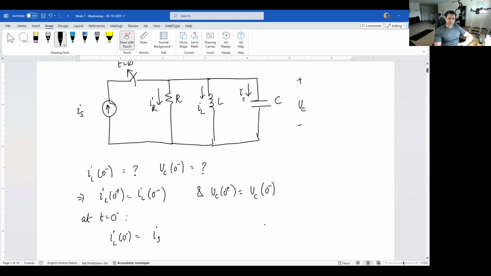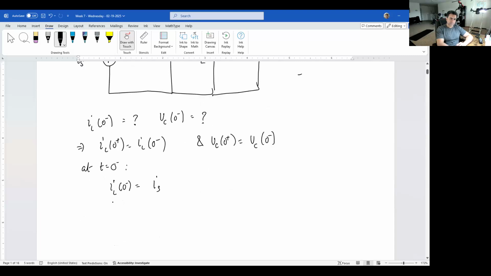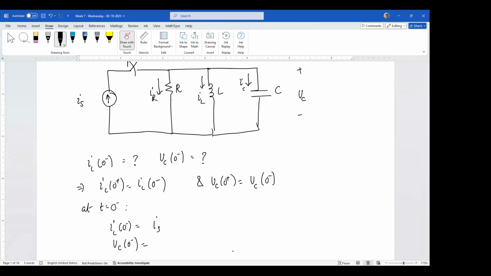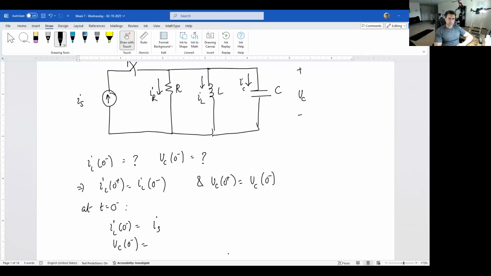Okay, next question. What will be the capacitor voltage initially at zero negative? Would it be zero? All right, explain why. Because there's no current going through it initially? Because it's open right now, right?